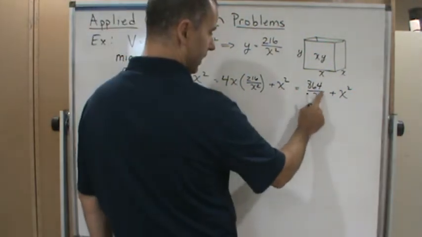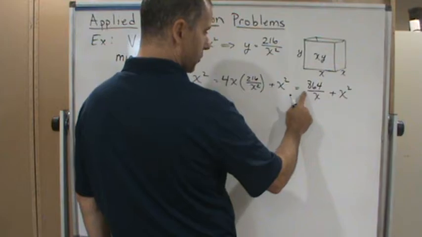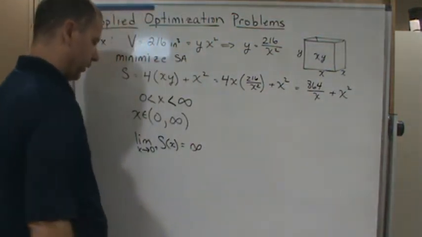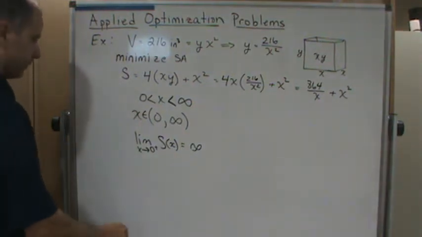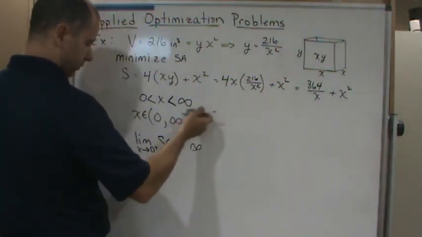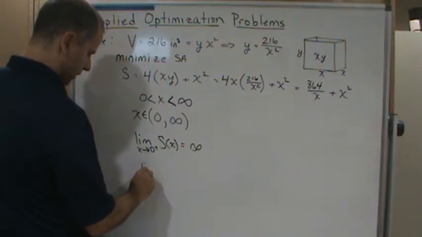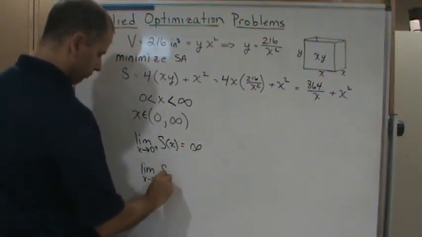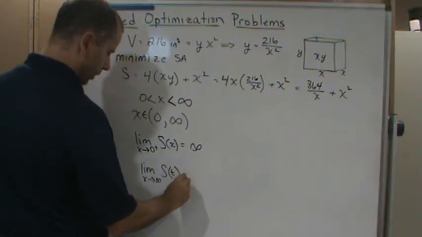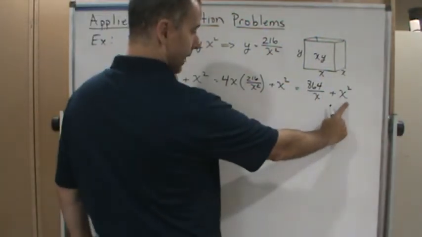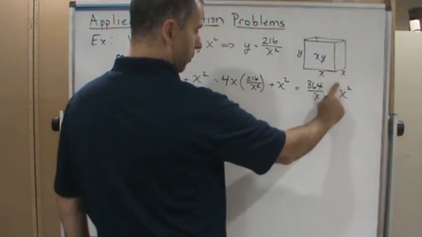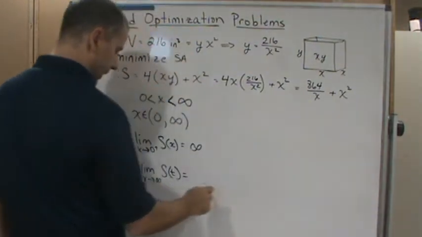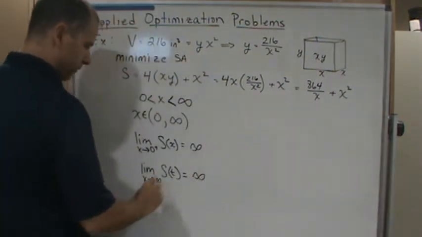This is getting smaller and smaller, so this is getting larger, so this goes to positive infinity. Now, what about going to infinity? What's the limit as x approaches infinity of S? As x goes to infinity, this is going to infinity, but this is going to 0. So this is also going to positive infinity.